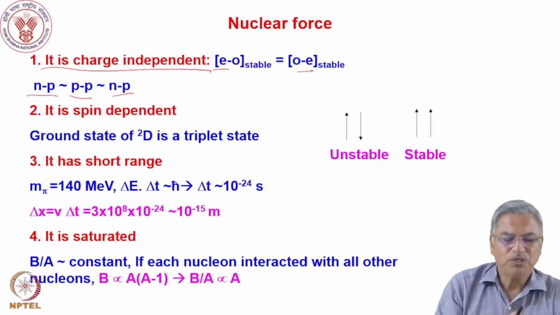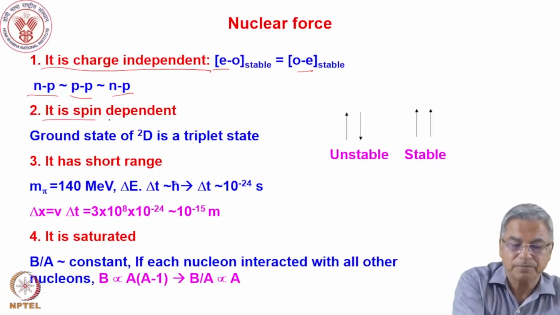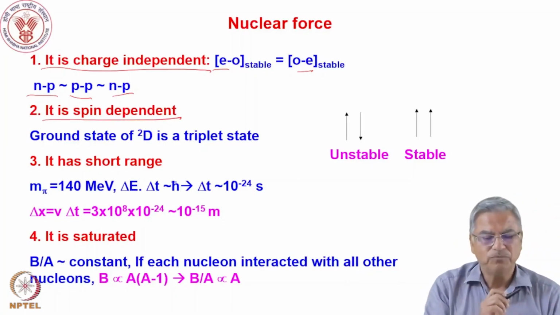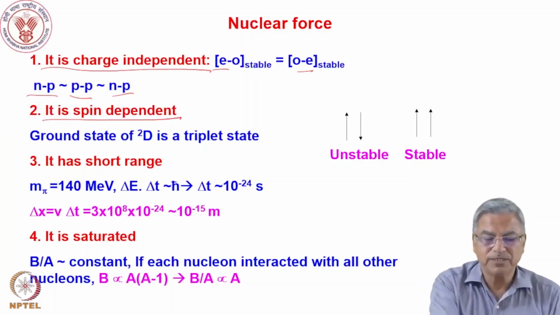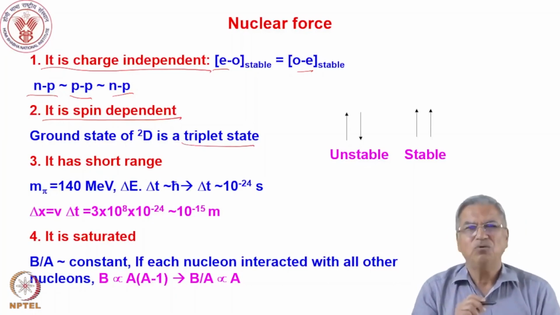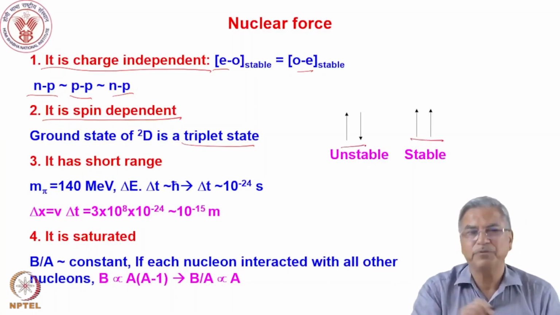The second property of this nuclear force is that it is spin dependent. The evidence for this came from the ground state of deuterium. The ground state of deuterium is a triplet state. Deuterium has one proton and one neutron. Now, proton and neutron can be paired up or unpaired.